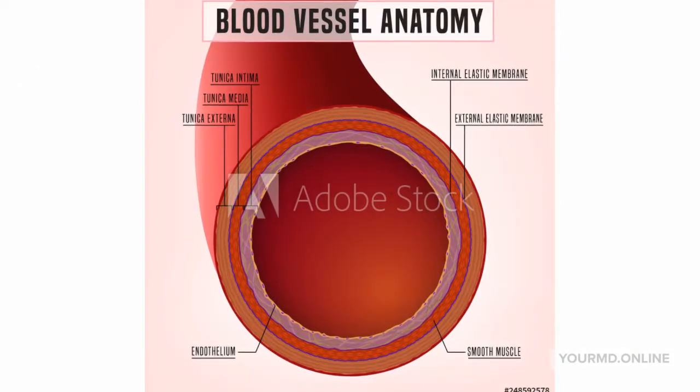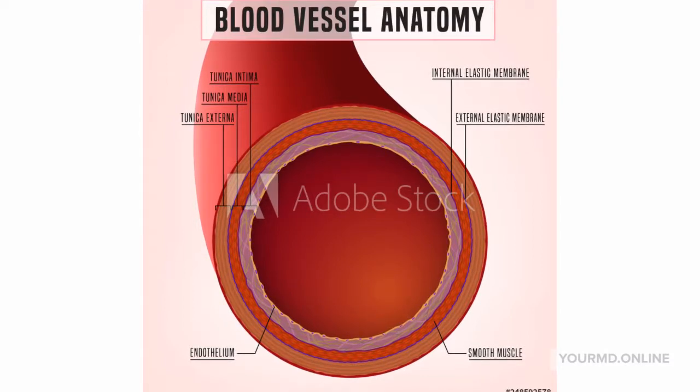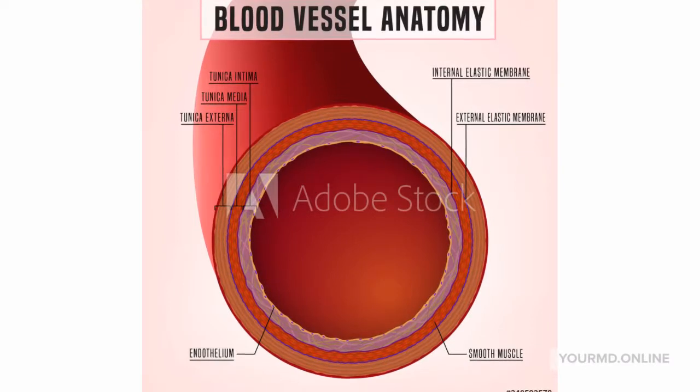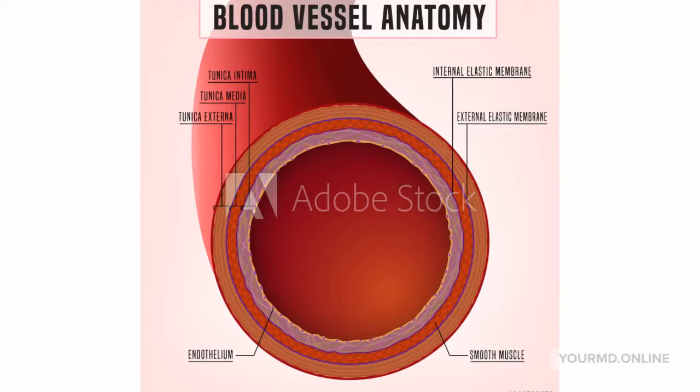The blood vessel can be broken down into three layers: the outer elastic membrane, the middle smooth muscle, and the inner endothelium. Endothelium is just a thin cellular structure which is responsible for producing hormones that can dilate and constrict your blood vessel.